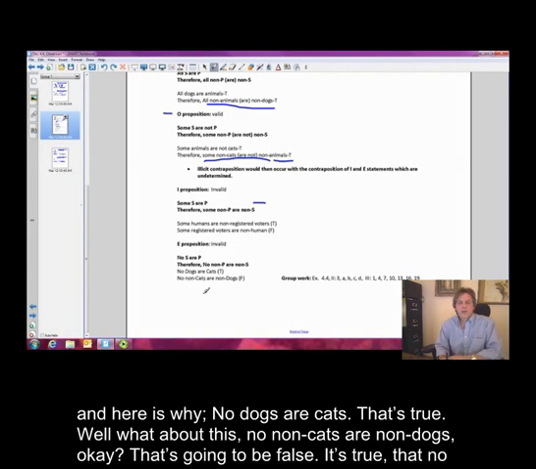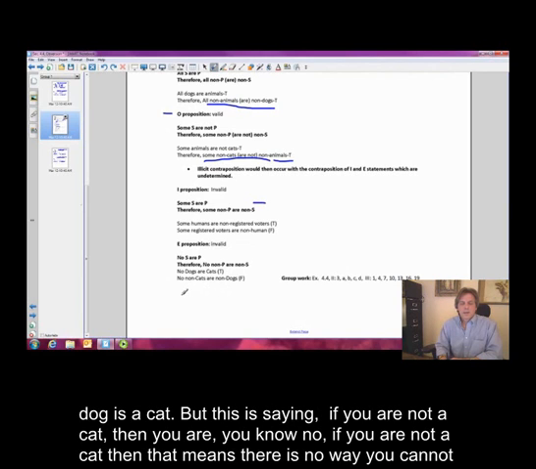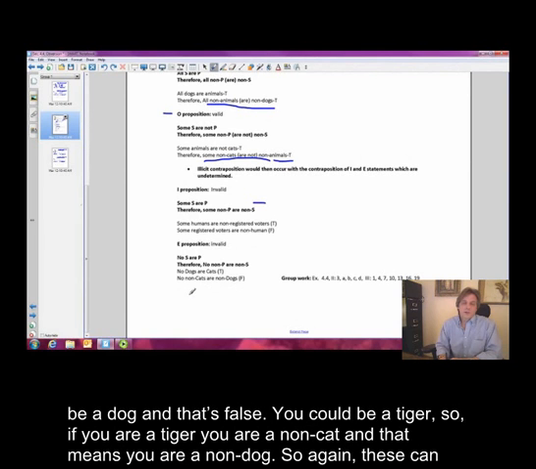It's true that no dog is a cat. But this is saying if you're not a cat, then there's no way you could not be a dog, and that's false. You could be a tiger, so if you're a tiger, you're a non-cat, and that means you're a non-dog.